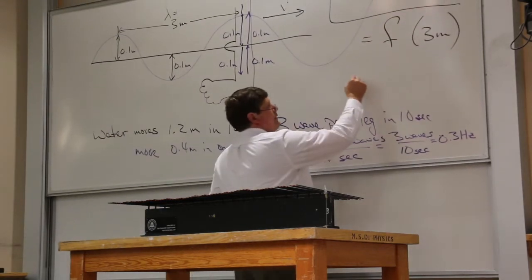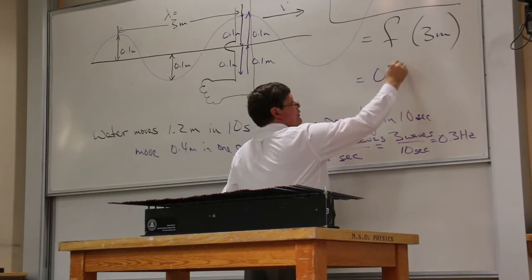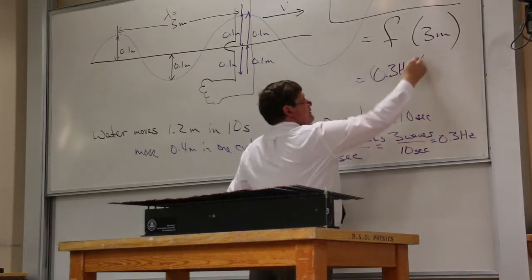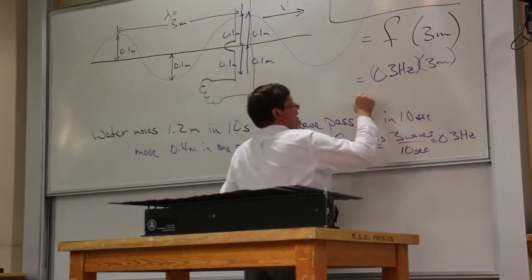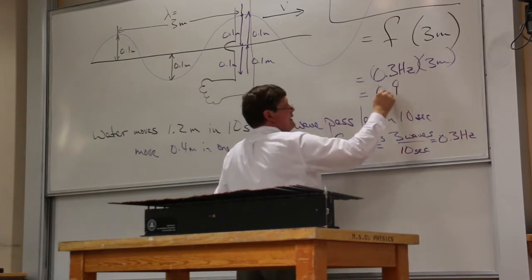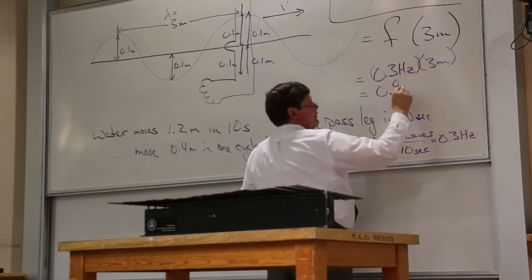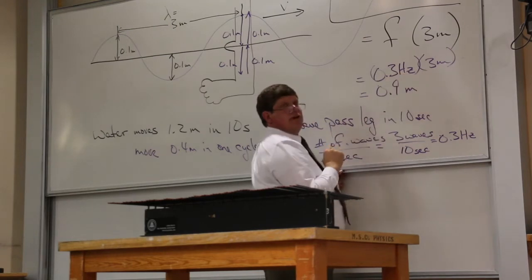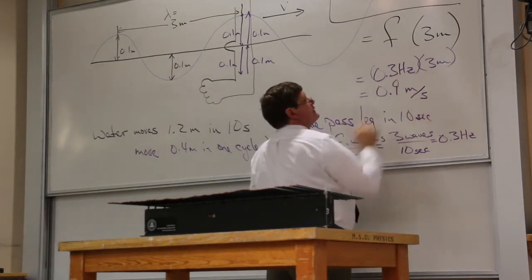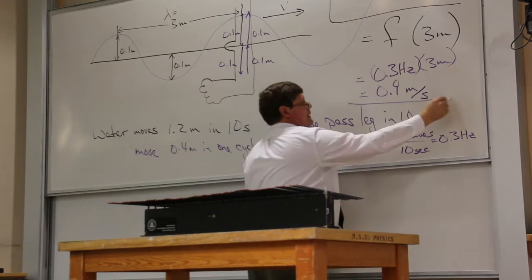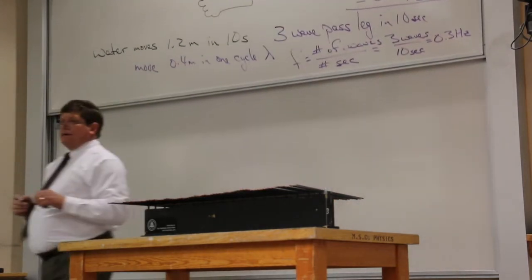So if I put in 0.3 hertz times 3 meters, that's going to give me 0.9. Let's see, there's a meter. A hertz is just another way of saying per second, and so that's going to be the speed, 0.9.